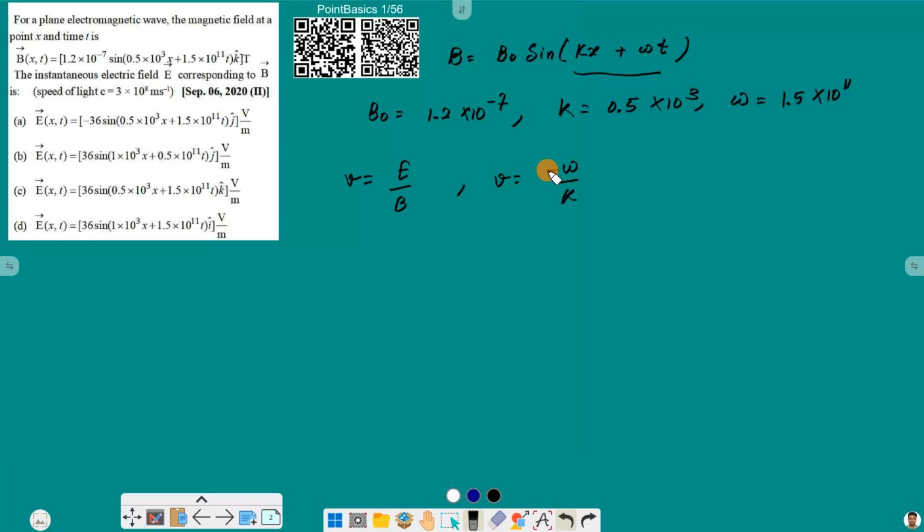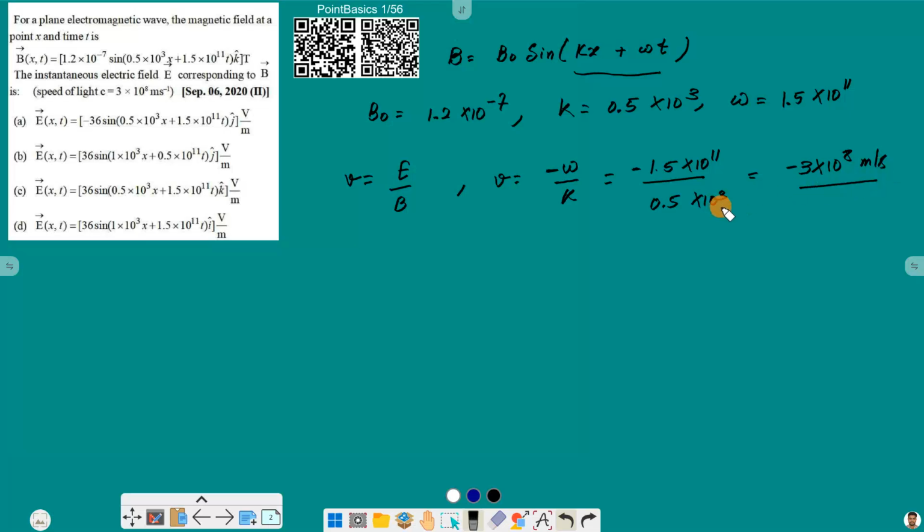So we have to go with the proper equation, that it will be minus omega by k, and here omega is 1.5 into 10 raised to power 11 with a negative sign from the formula itself, divided by k, that is 0.5 into 10 raised to power 3. So this is basically minus 3 into 10 raised to power 8 meter per second.